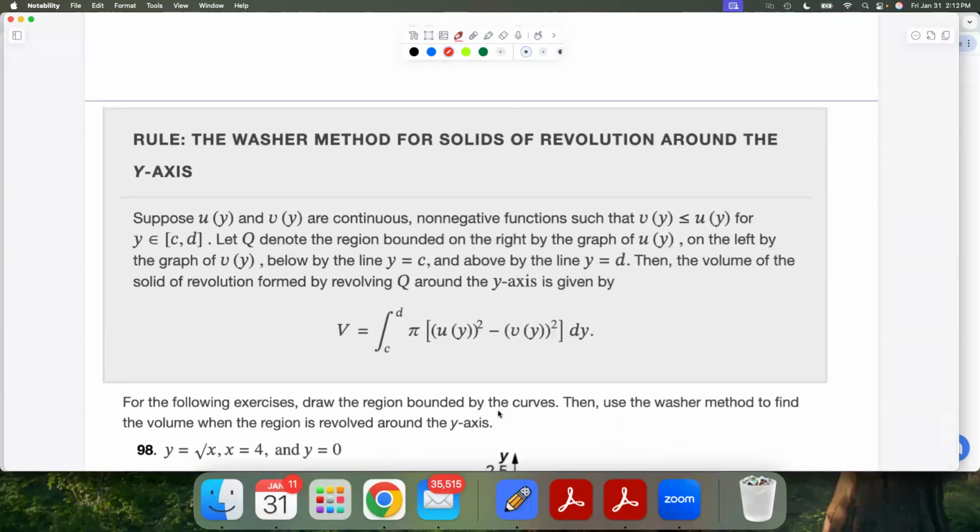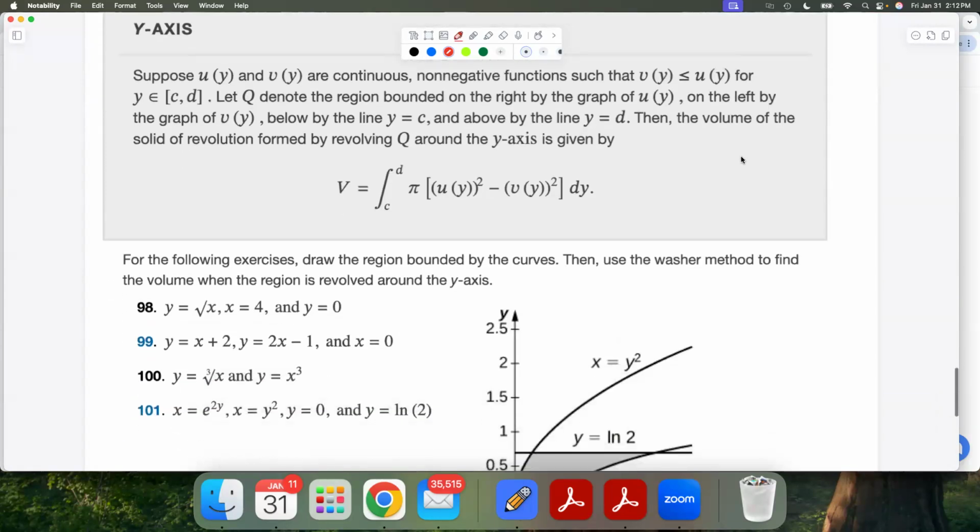So now we're going to have, instead of top and bottom functions, outside and inside functions. So in general, you're going to have some outside function, meaning furthest away from the y-axis, that we're calling u here.